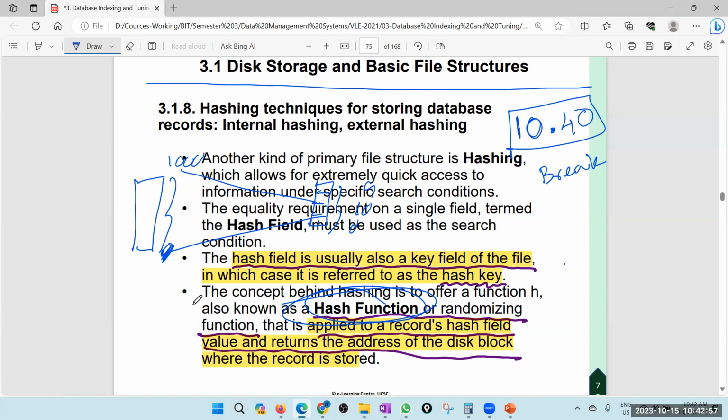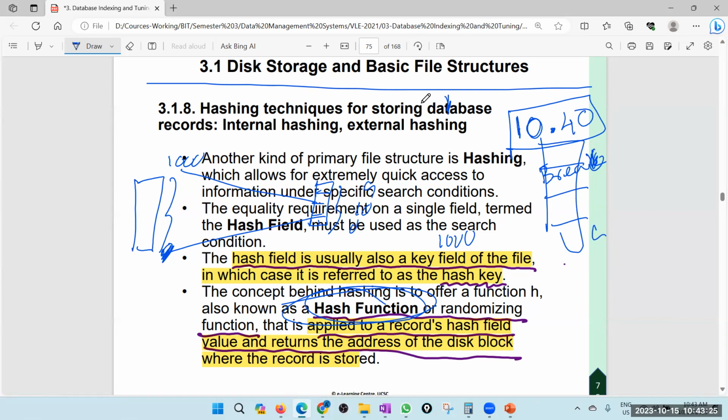And what we do is we use a hash function together with one of the fields. Usually it is the primary key, like employee number, student number, and so on. So maybe we will be having primary keys, values from 1 to 1000, but maybe we have 10 blocks, 0 to 9 blocks.